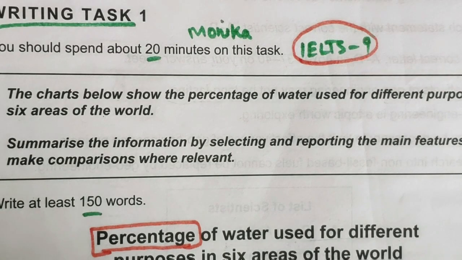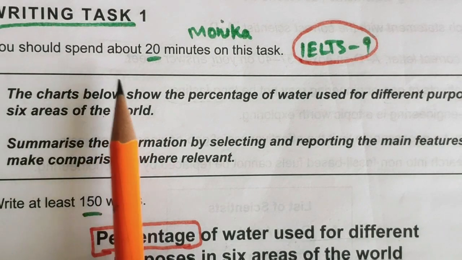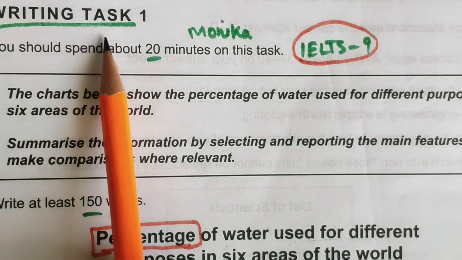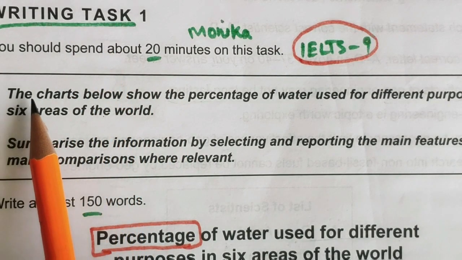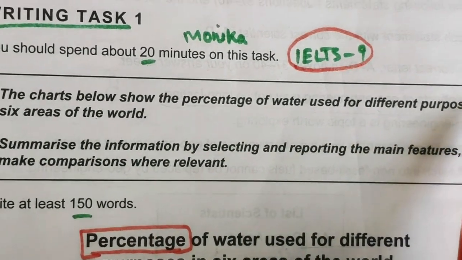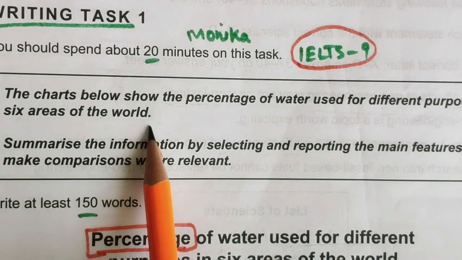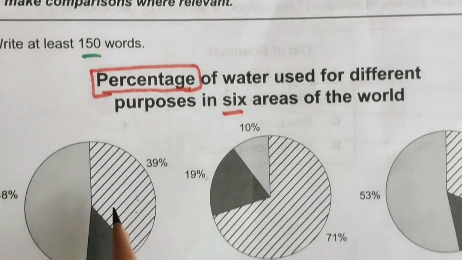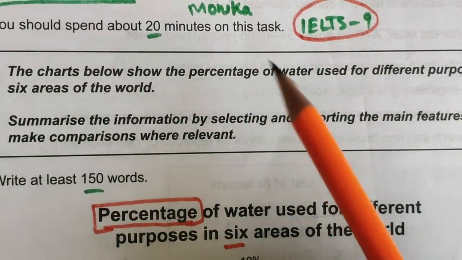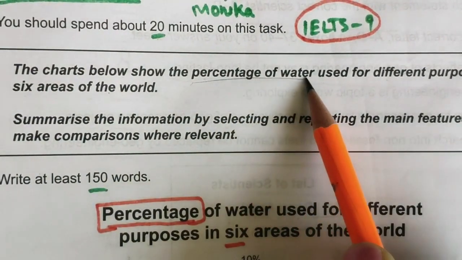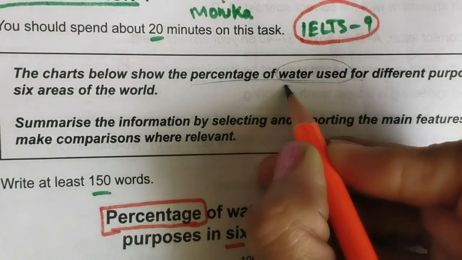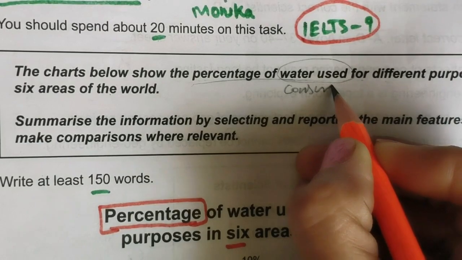So here, let's read the question first. It is important to read the question first, and you should keep in mind 20 minutes only for writing task 1, as you know. So the question is, the charts below show the percentage of water used for different purposes in 6 areas of the world. So we know there are 6 charts, and they are showing the percentage of water used, meaning water consumption. We will put water consumption here instead of water used.